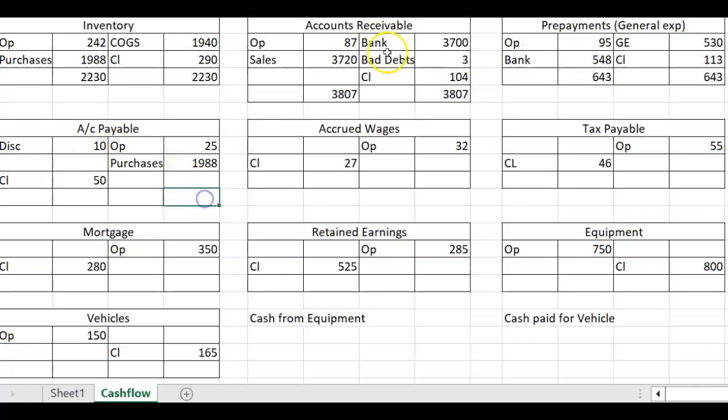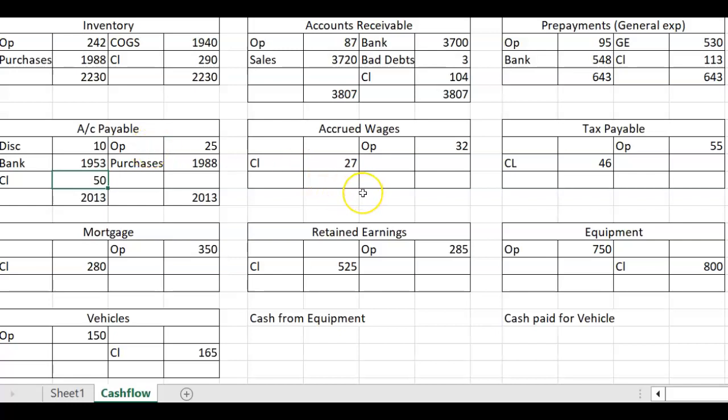So again, total your higher side. Take that figure across. And the figure we're missing is our bank figure. So that's our cash paid for purchases or cash paid for accounts payable.